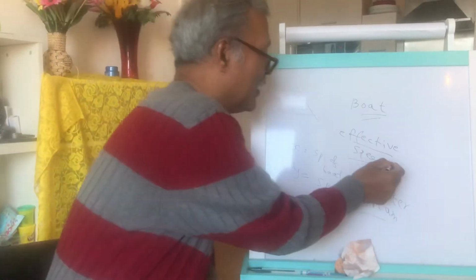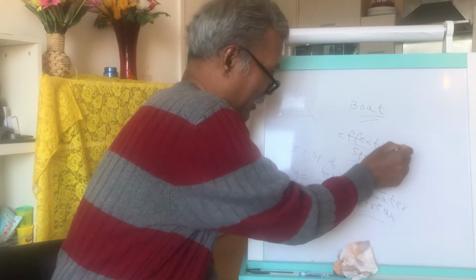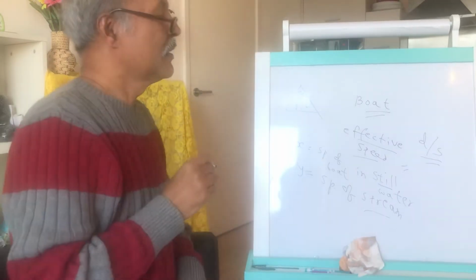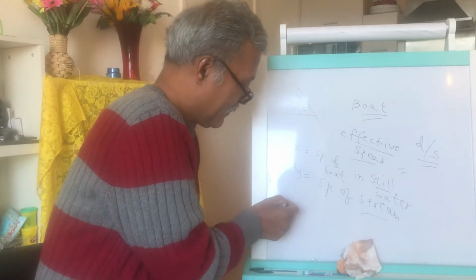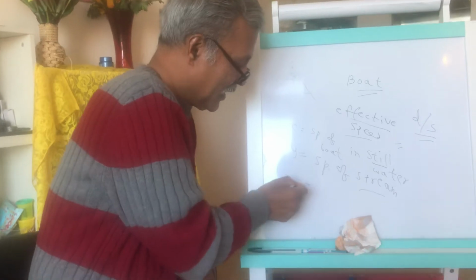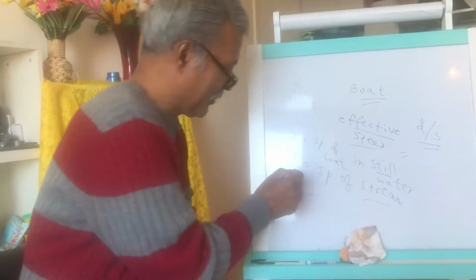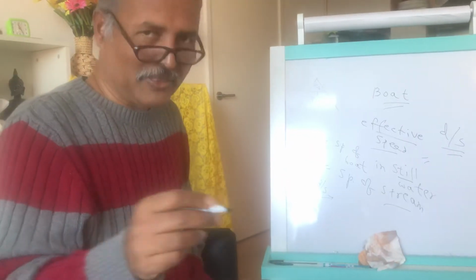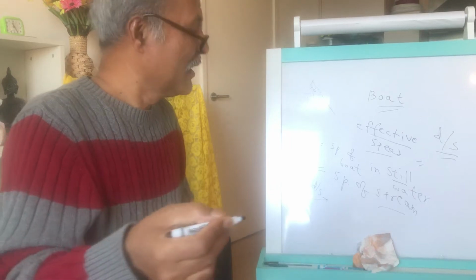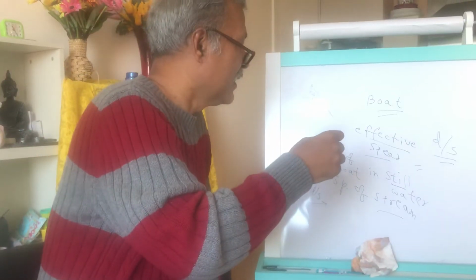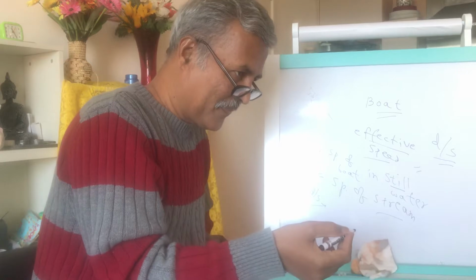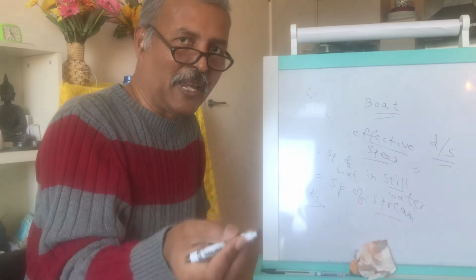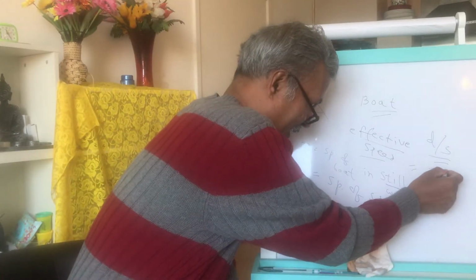Effective speed when you are traveling downstream means if the stream is running like this, you are going in the direction of the stream, therefore downstream. This is not mathematics, this is common sense. Say if your x is 10 and y is 1, so what will happen when you are going downstream? Both will be added. So x plus y.